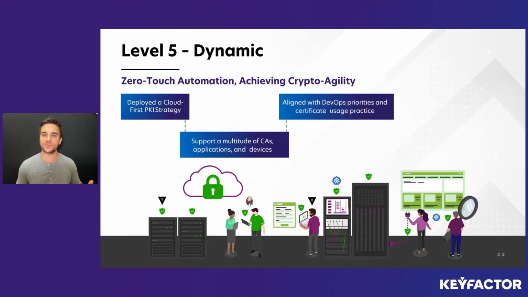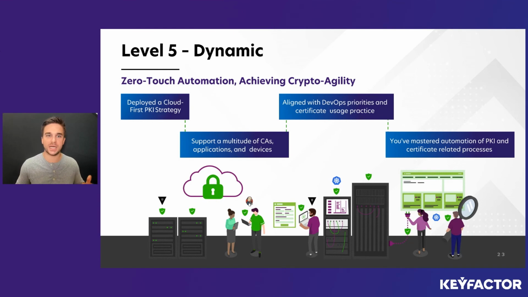You're aligned with DevOps priorities and certificate outage practices. So you're an advocate and a partner with the DevSecOps team, and you're instilling your PKI certificate management practices for the DevOps team. It's not going to slow them down, because you have integrations into the orchestration tools they actually use, so they can get certs out fast, but still within the bounds of your security.